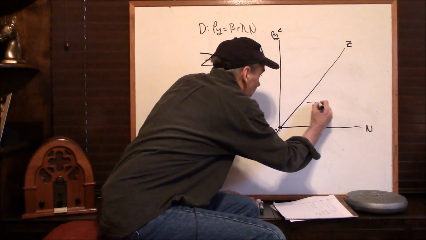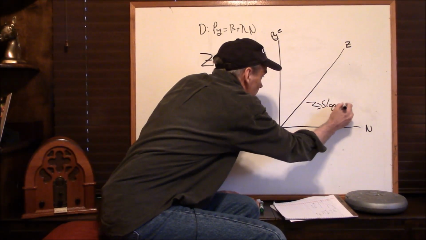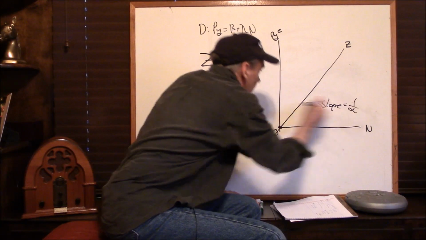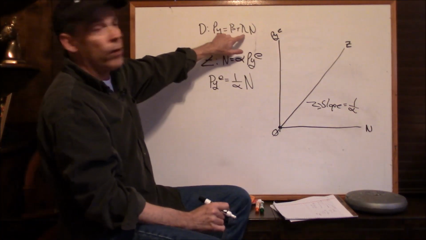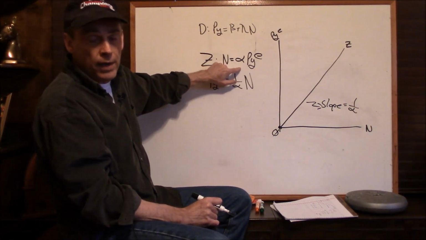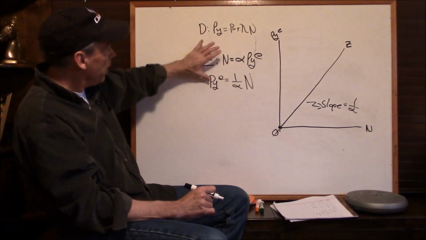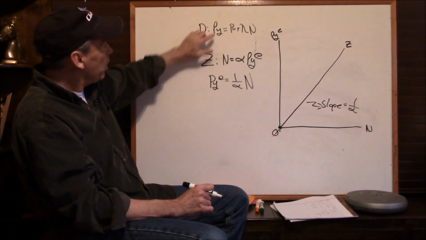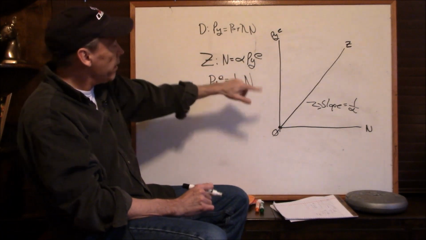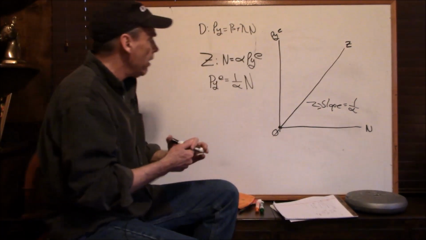And the slope here is equal to 1 over that variable right there, because it's the inverse. You can see right here, when you rearranged it and put it in the same terms as we had the other equation, now it's 1 over alpha.